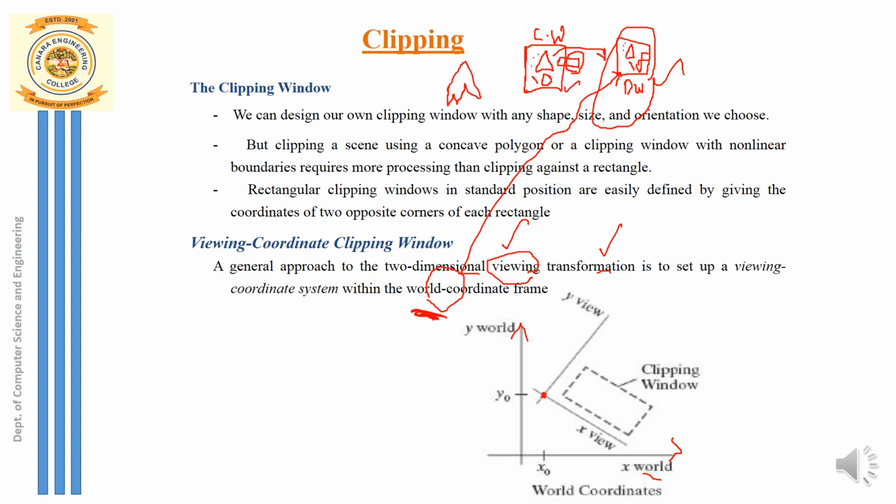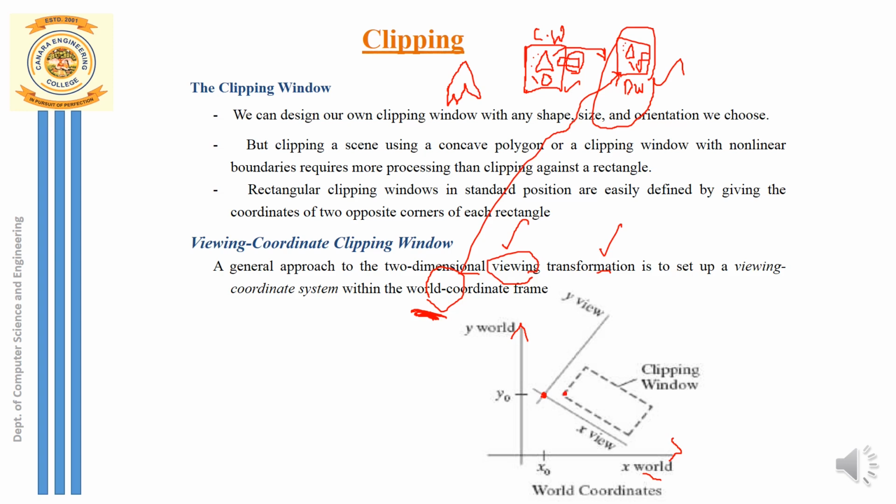So about this point now, I am representing the clipping window. So how is my clipping window initially? You can just see here, my clipping window is a rectangle, but it is slightly oriented. My clipping window is oriented, and it has certain coordinates.